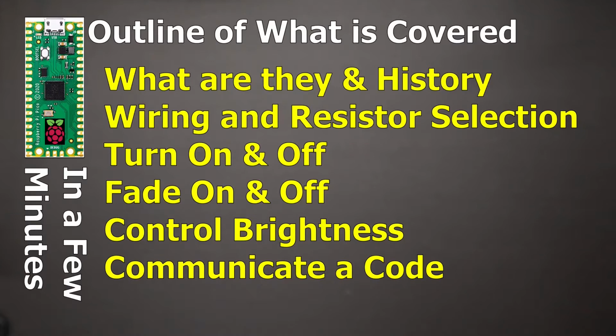Then we're going to control the brightness of it using PWM, create a fade on and a fade off effect with another little program, and then finally another program that will be used to demonstrate how you can communicate with a single LED a secret code. And that'll be our last example for this video.